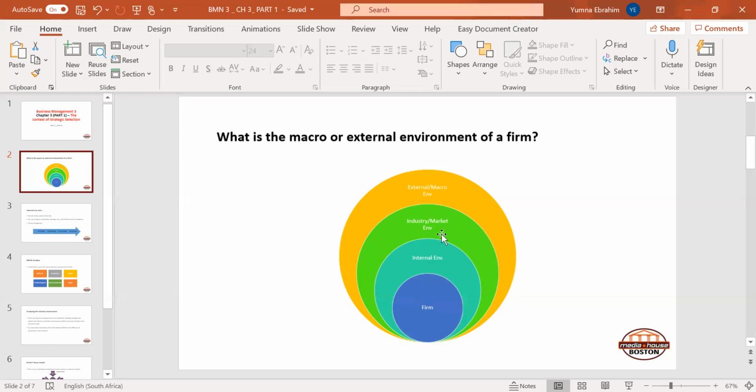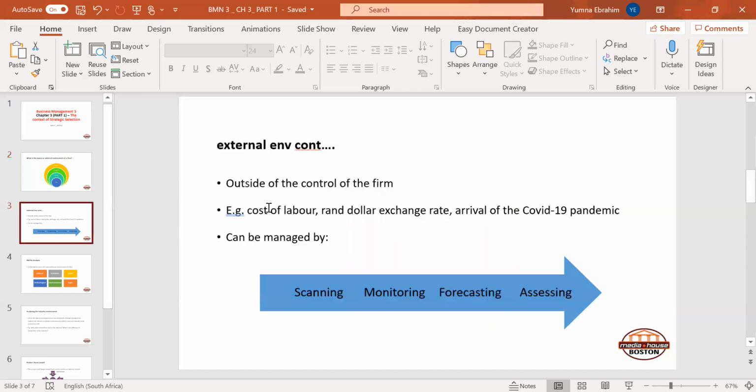So a firm belongs to an industry, and a firm also has what we call the external environment or the macro environment. This is the larger or wider environment over which a firm doesn't have any control. Okay, so what do we talk about in terms of the macro environment?